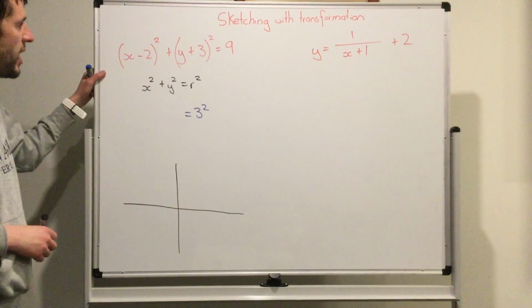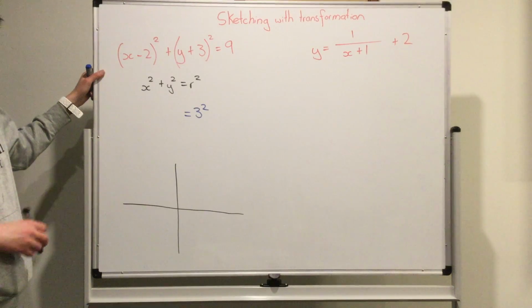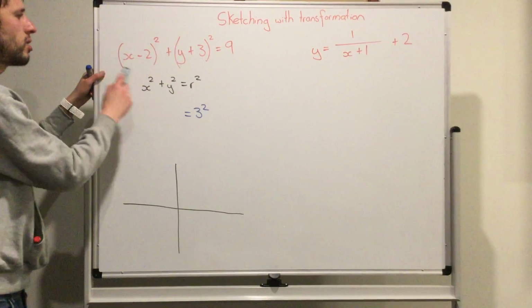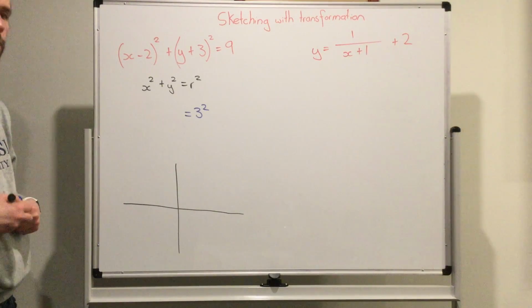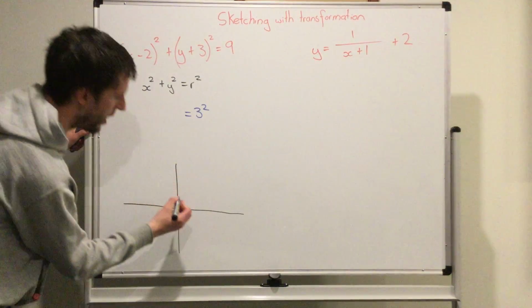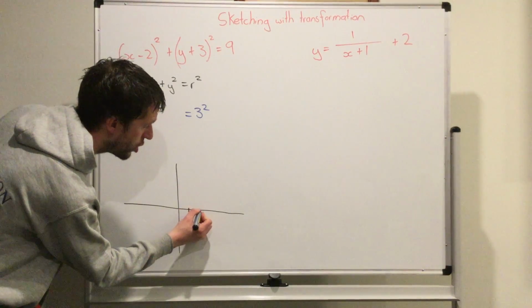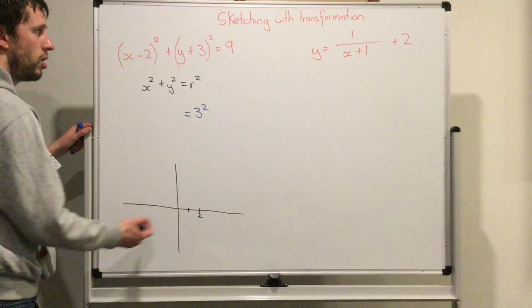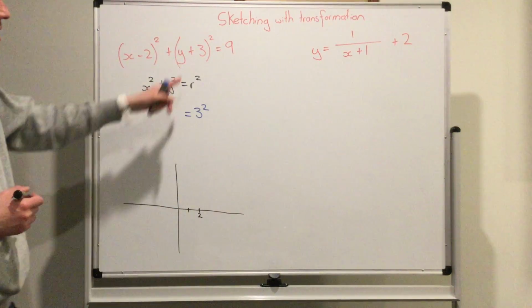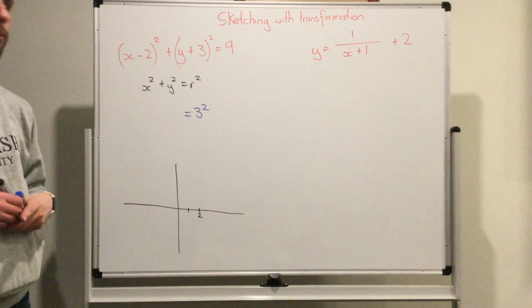If I'm thinking about x take 2, what does x need to be for this to equal 0? 2. 2 take away 2 is 0. So that just means the origin, the centre of the circle, has moved 2 spots over to the right, to 2. Then I look over here, y plus 3.